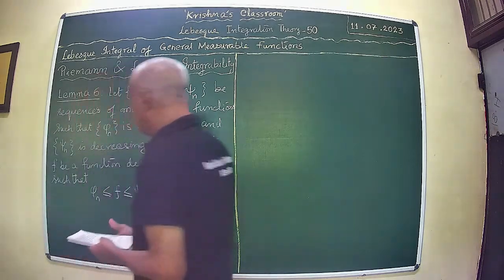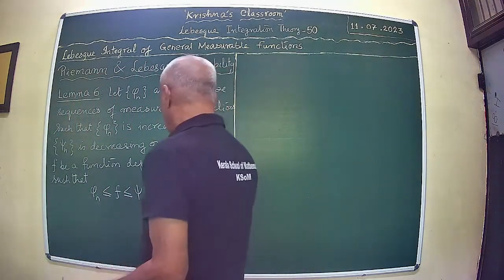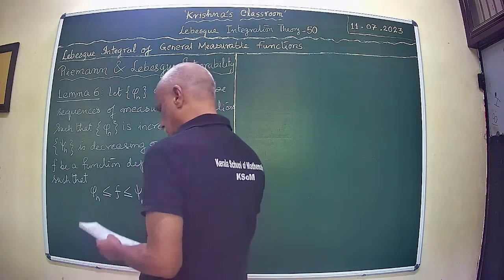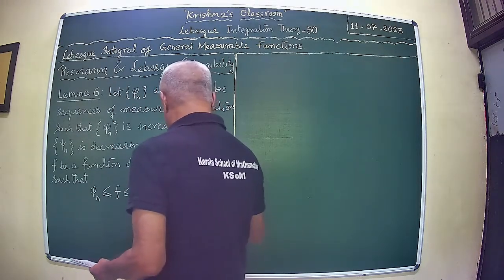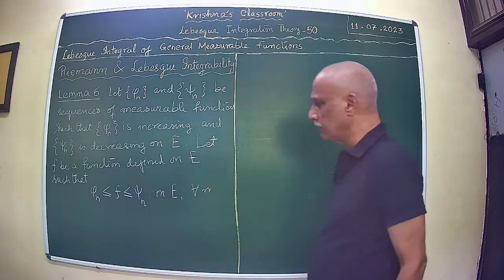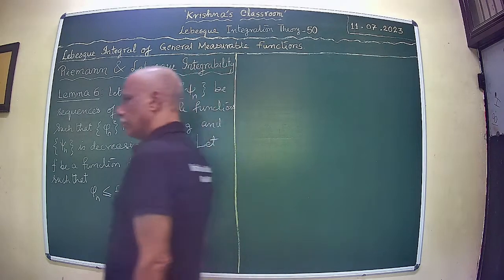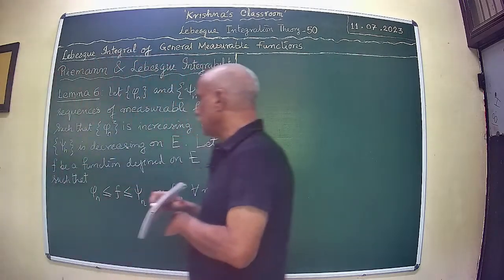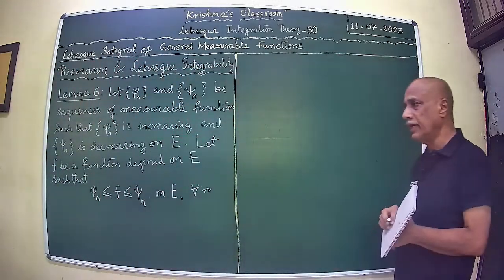That means for each n, phi n is a lower bound for f and psi n is an upper bound for f. So f is essentially squeezed between the measurable functions phi n and psi n.